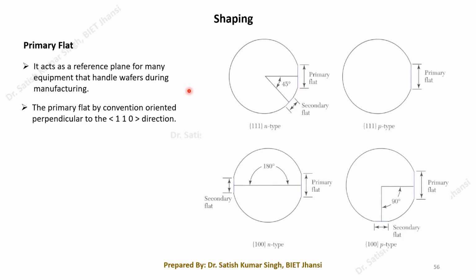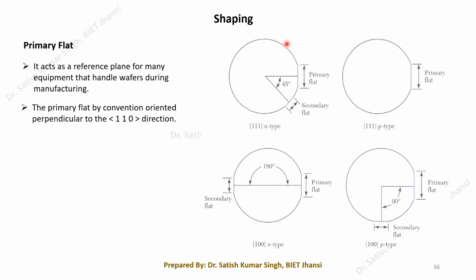This primary flat is used for, you can see here, when we make devices, we need to place this particular wafer onto certain equipment or particular machines, because that will be done automatically. We need certain automatic devices because lots of processing has to be performed while making the circuits.